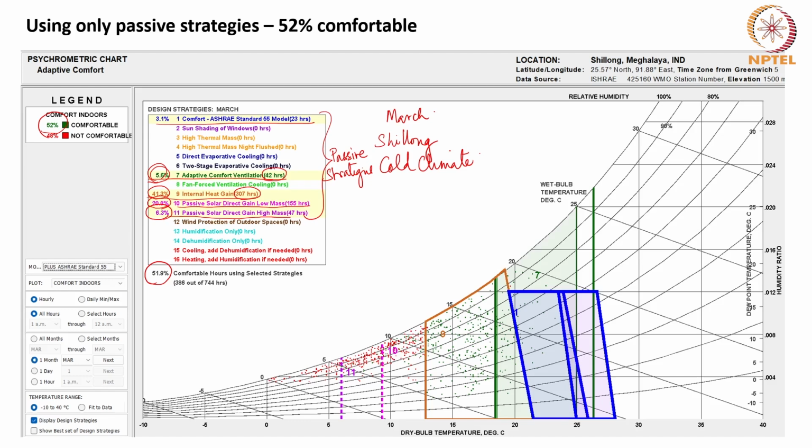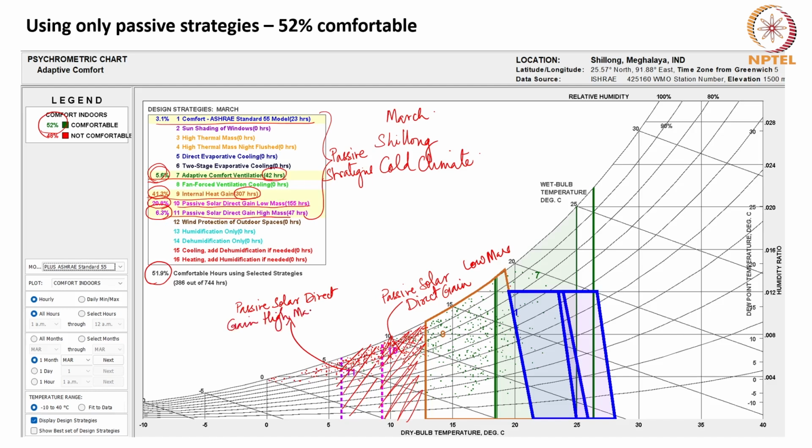Yet we have some areas which are uncomfortable. So this part of the month can become comfortable by having passive solar direct gain with the help of low mass, whereas these hours can become comfortable if we use passive solar direct gain with high mass.